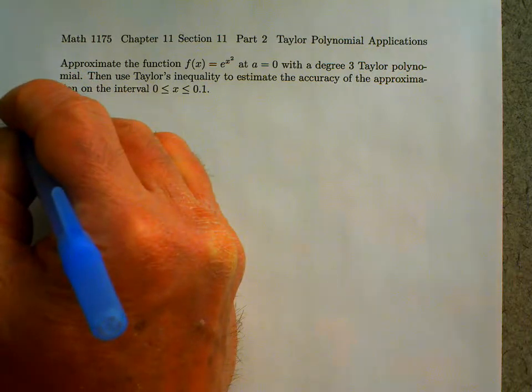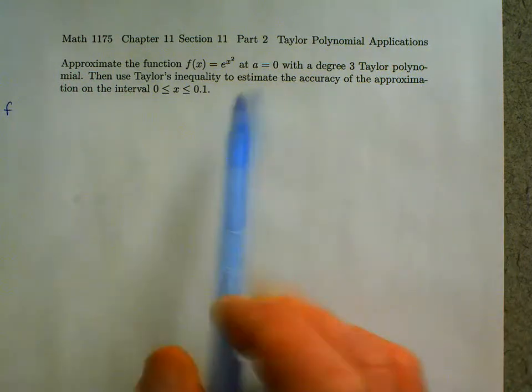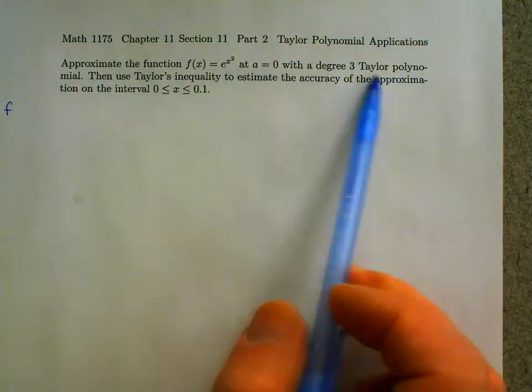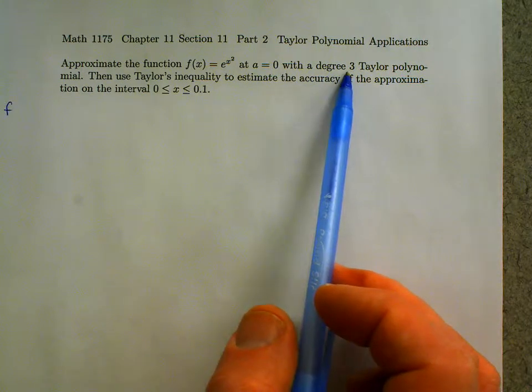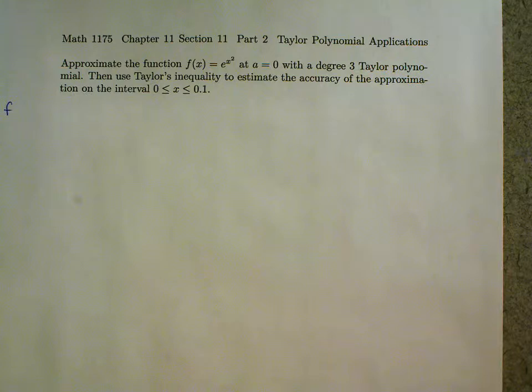Well, now we compute 4 derivatives. The first 3 derivatives will be for the degree 3 Taylor polynomial, and then the 4th derivative will be for the Taylor's inequality estimate.